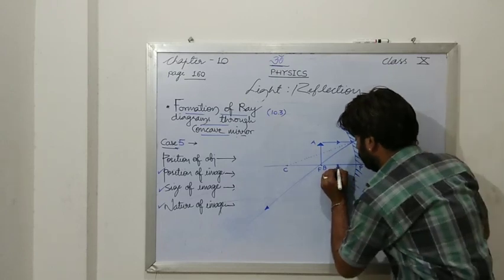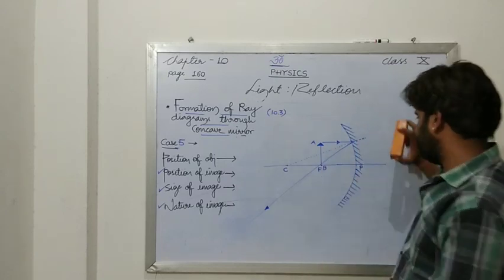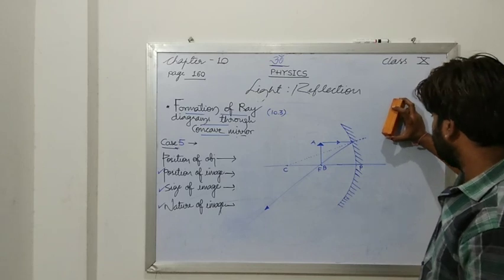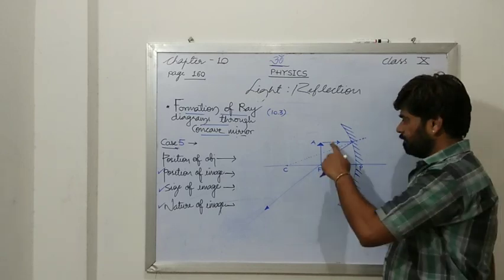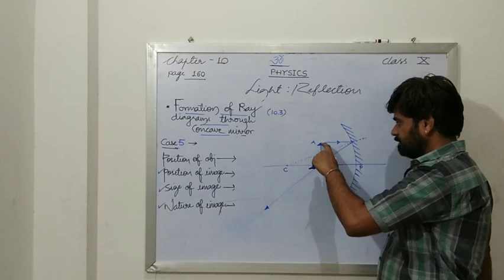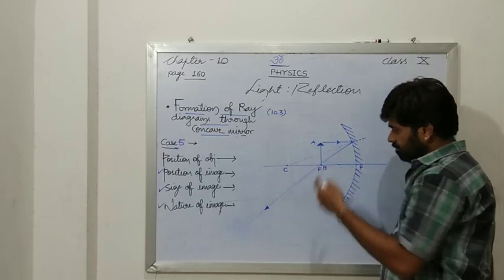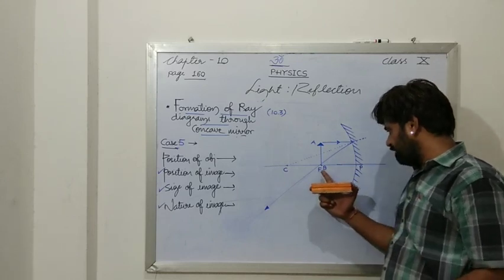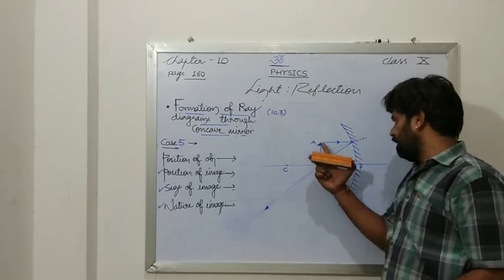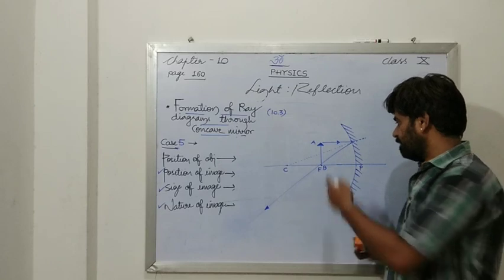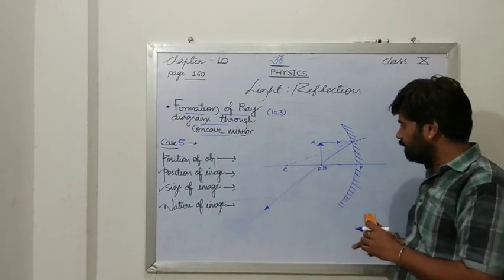Now which rule are we going to apply here? We have the object at the focus. If we are standing over the focus, then how can the ray pass through the focus? Can't be. So let us move towards rule number 3.